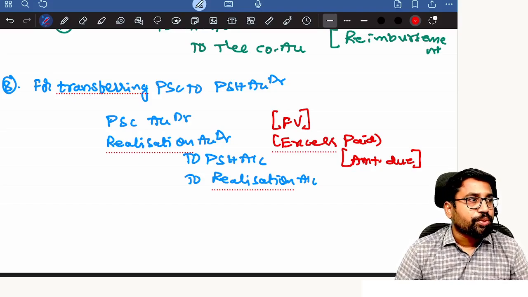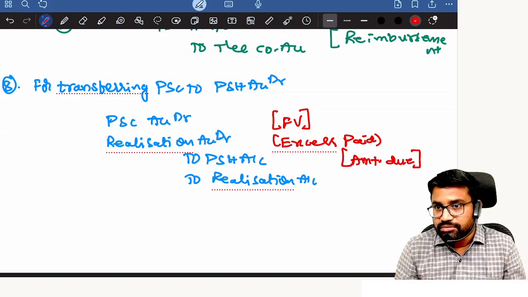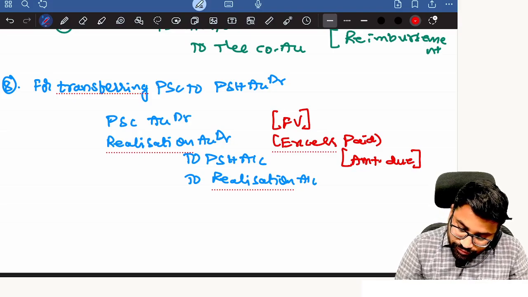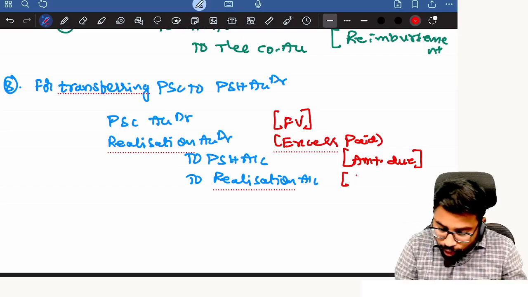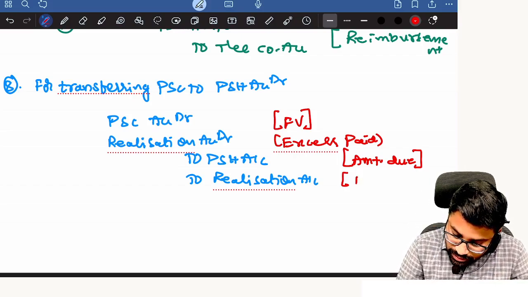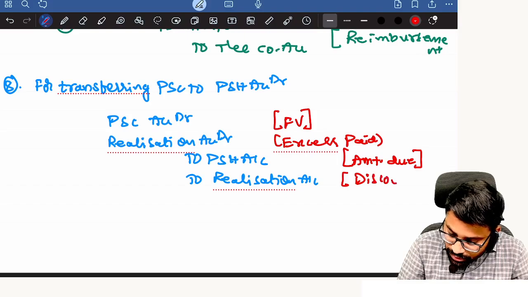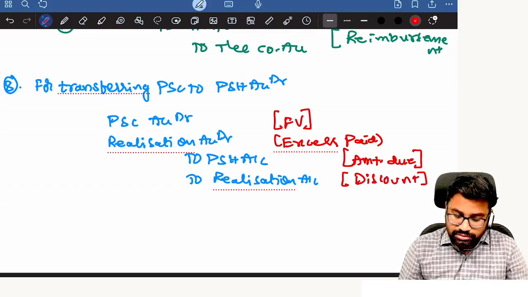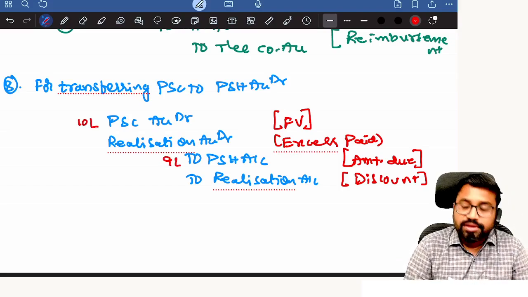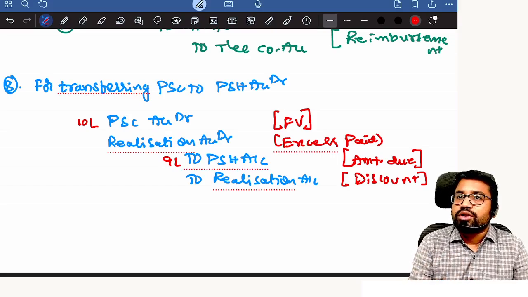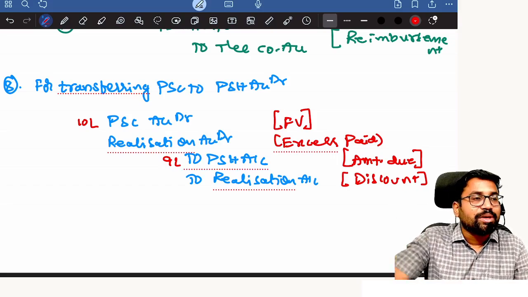Important. Definitely it will be there in the question. Next, when we credit realization account, there is a profit on payment, or a discount. When we settle at a discount, suppose face value is 10 lakhs and amount due is 9 lakhs, the 1 lakh discount on payment to preference shareholders will be transferred to realization account.